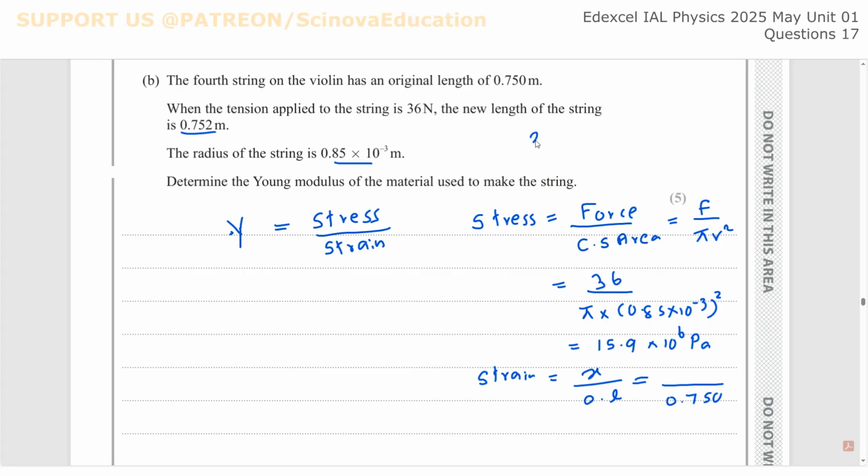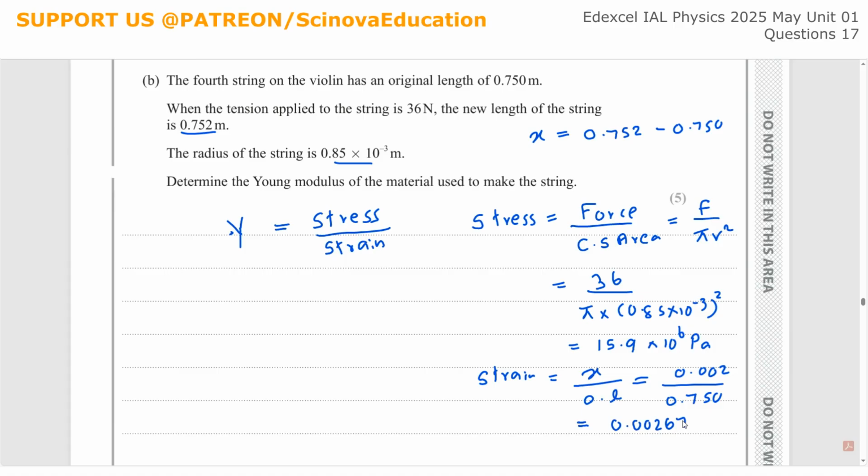So we know that extension can be found by the difference of the new length and the original length. If I get the difference between 0.752 meters and 0.750 meters, the extension would be 0.002 meters. This calculation would lead to a strain value of 0.00267.